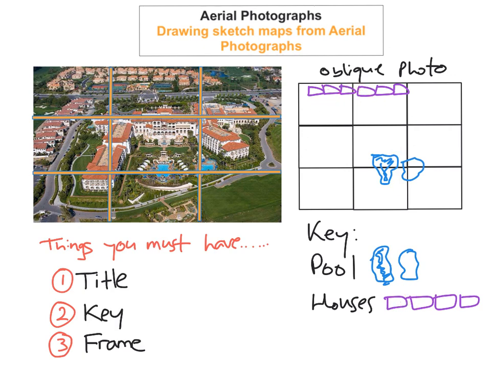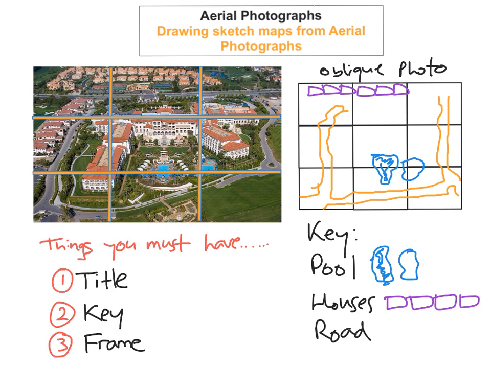You might be asked to put in a road, so you put the road in. And there you go. You won't get any marks until you put the road in the key. Same. If you want, you could put it like that.